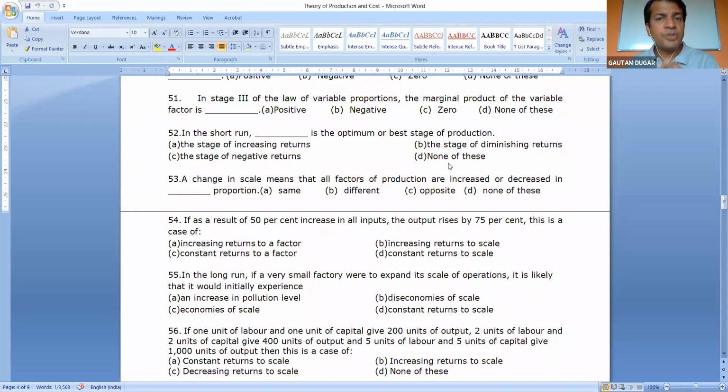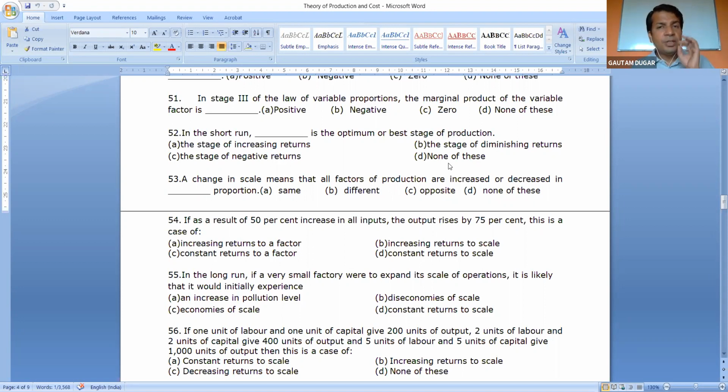If all inputs are increased by 20%, and as a result, output increases by more than 20%, say by 30%, 40%, or 50%, then that is called the stage of increasing returns. Why? Because output has increased in a greater proportion than the increase in input.